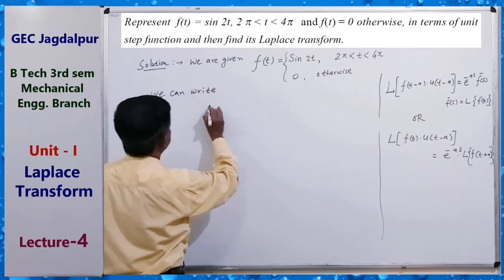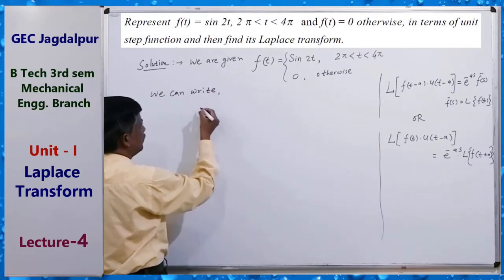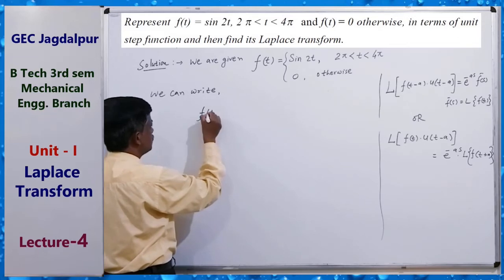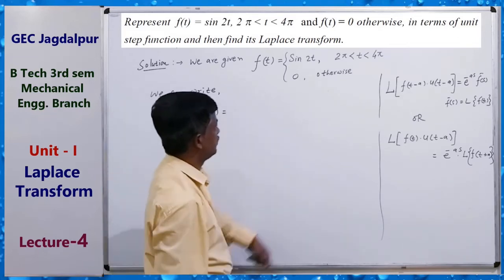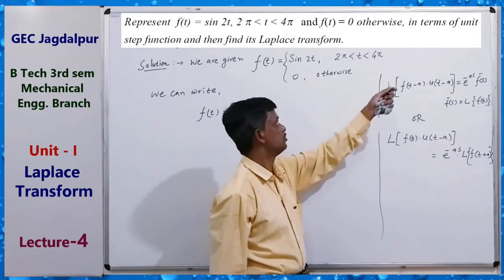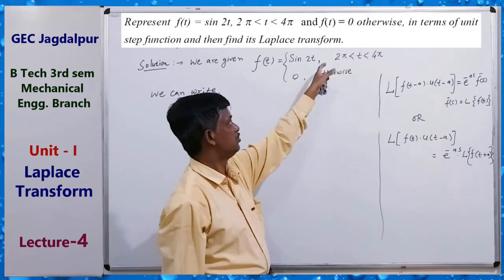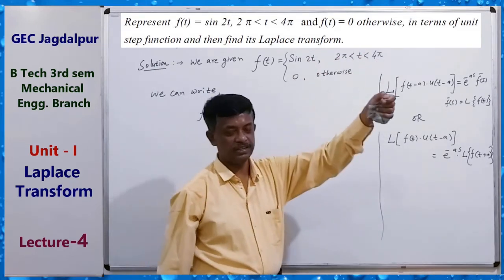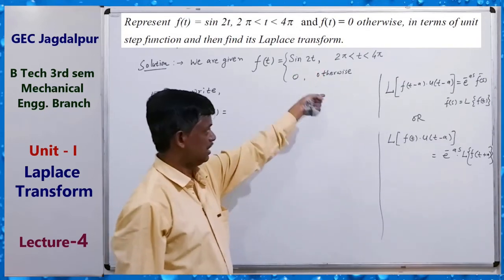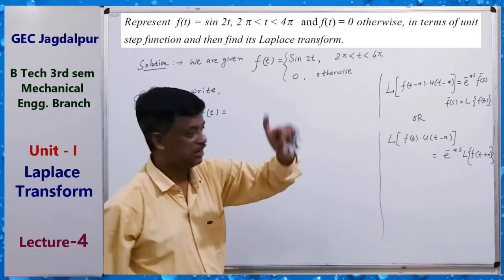We can write f(t) equals, here t lies between a to b, so this function into u(t minus 2 pi) minus u(t minus 4 pi).